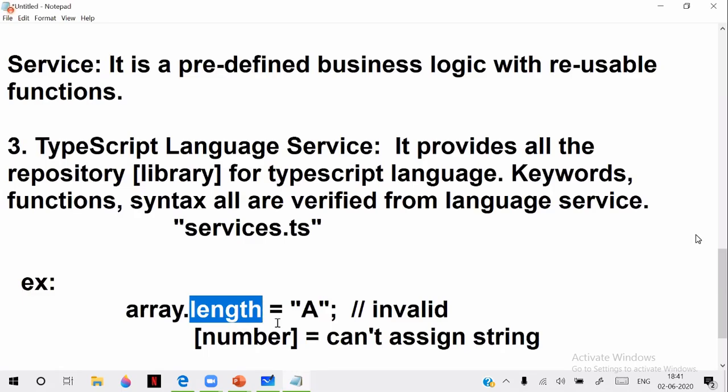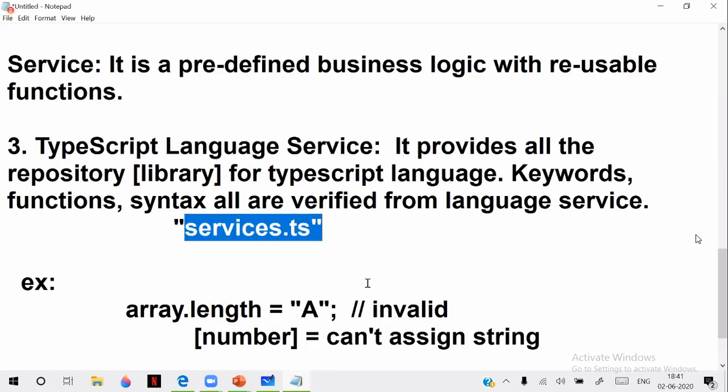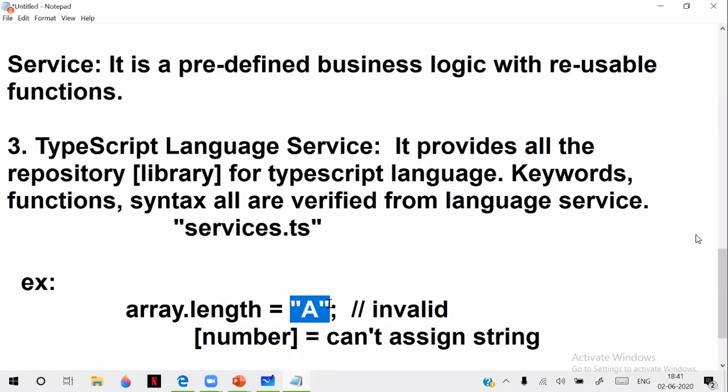So who is providing support for this? The language service is providing for that. That means the language service has all this repository. It will tell that this is not a string type, it is a number type. You please assign a number into it, right? All such things are defined in the service.